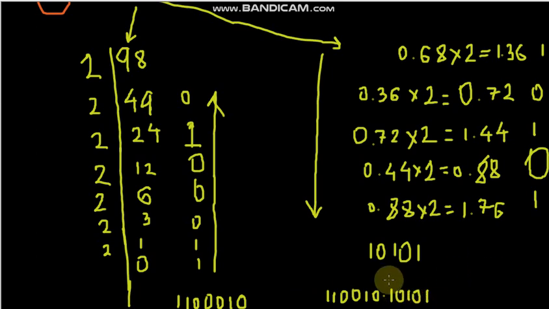So this is our binary equivalent of this decimal number 98.68.